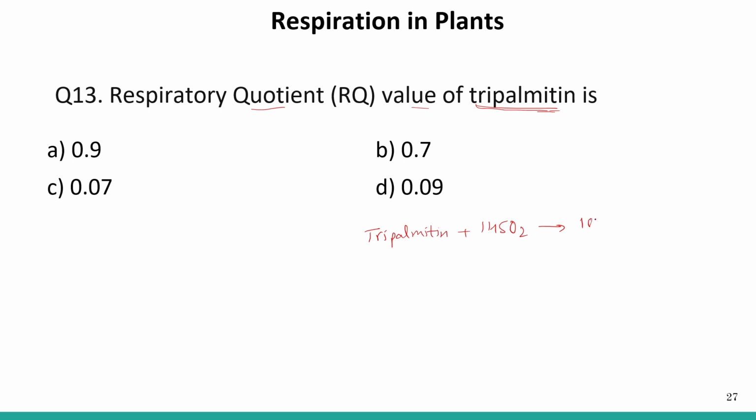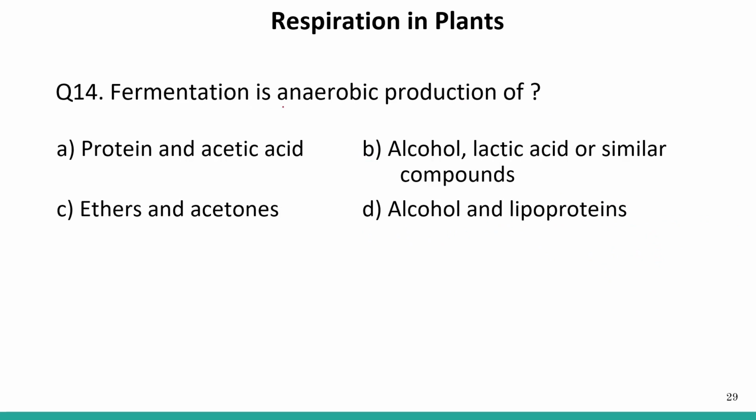Carbon dioxide produced is less. Water is also produced, plus energy. So RQ value will be carbon dioxide released divided by oxygen consumed, which comes to around 0.7. So what should be the answer? Option B, 0.7.